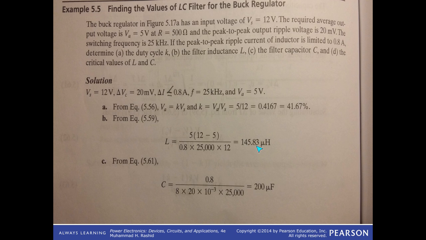Ama bir çarpıp böleceğim şimdi. 12 minus 5, 7 çarpı 5, bölü 0.8, bölü 25, bölü 12, equal to 0.14.